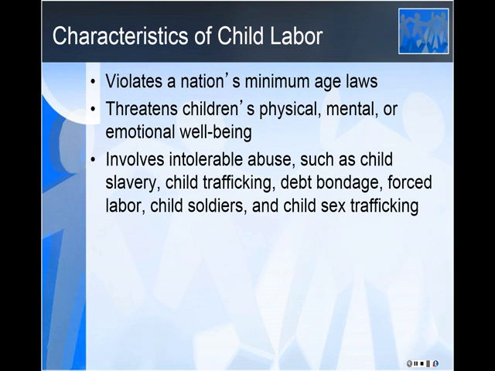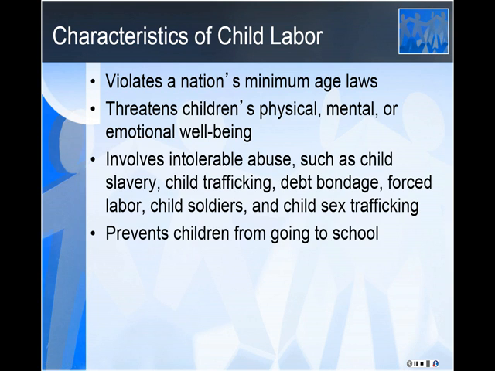And so we know that that leads to physical, mental, emotional scarring. There's abuse, and we know in all these different areas there are intolerable levels of abuse. This feeds into the lack of education because children are prevented from attending school.